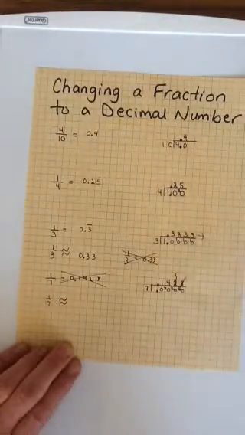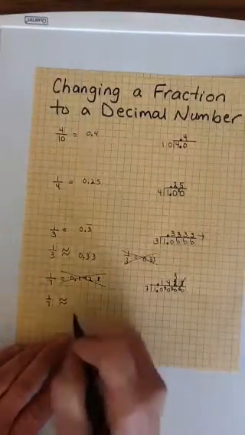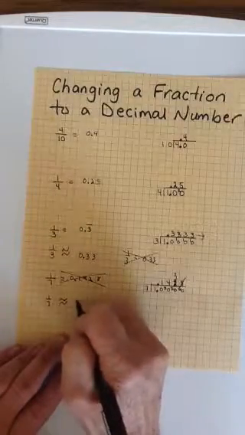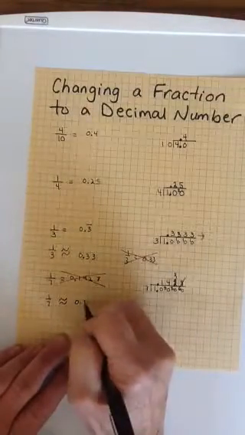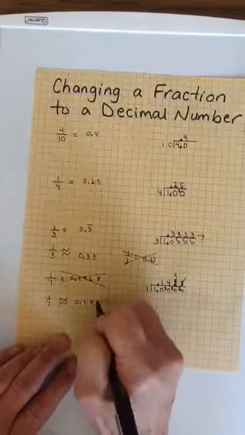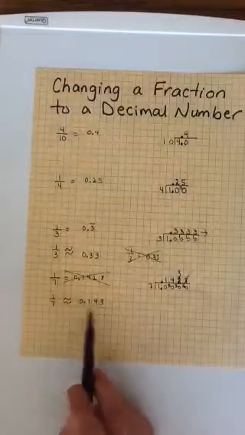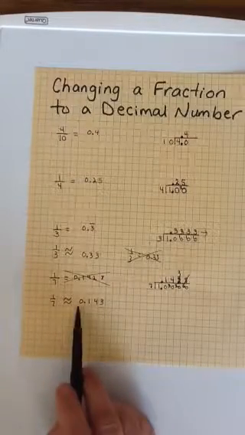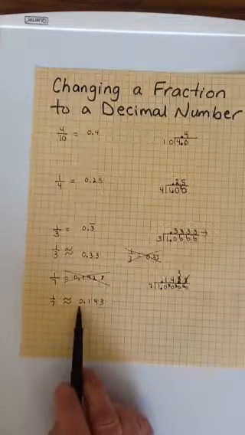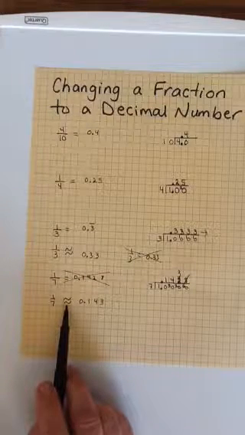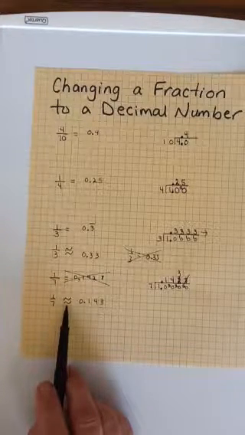Then I can drop that 8. And then say that 1/7 is approximately equal to 0.143. So this is a rounded amount. When I am expressing a rounded amount, I have to use the squiggly equal sign, which means approximately equal to.